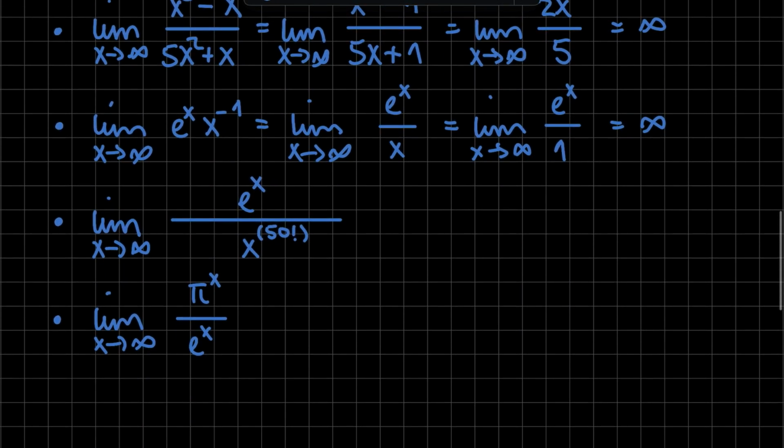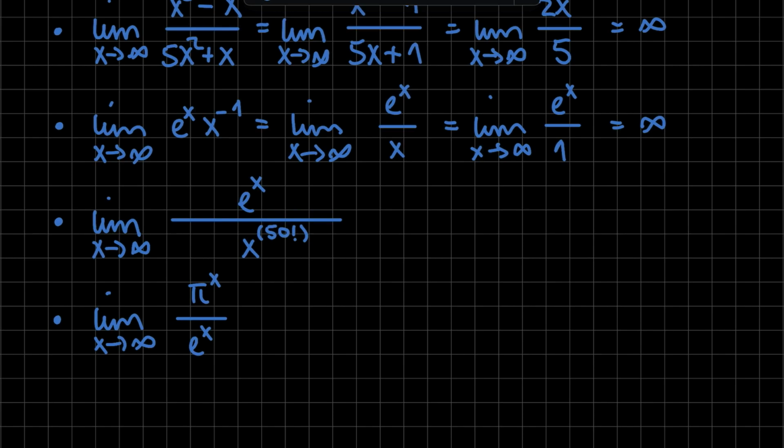We have the limit as x tends to infinity of e to the x over x to the power of 50 factorial. If you haven't seen the factorial yet, it's not that important. It just means we have a power of x that's very, very big, but constant and independent of x. So just a very big number, but it is still a constant.